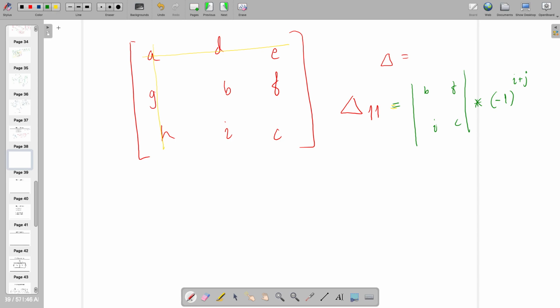If you go to the other delta, which is delta 1 2, we remove the first row and second column. We are left with G, F, H, C multiplied by minus 1 raised to 3.